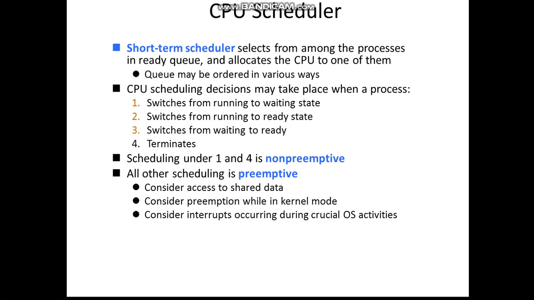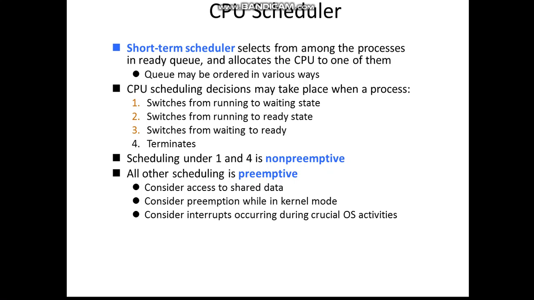So as illustrated here, scheduling of CPU under conditions 1 and 4, that is when it is switching from running to waiting on its own, like say an ongoing process wants to do an I/O operation, so it has to leave the CPU and do the I/O operation. Or else when it is terminating, when it has completed its task, it has nothing to do with the CPU.